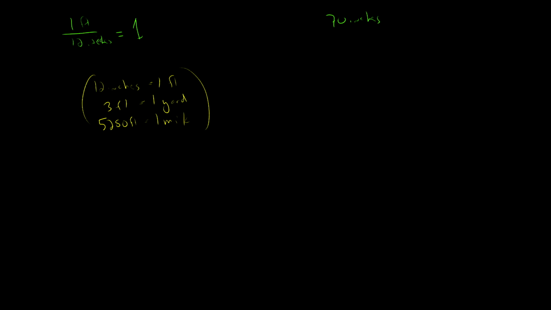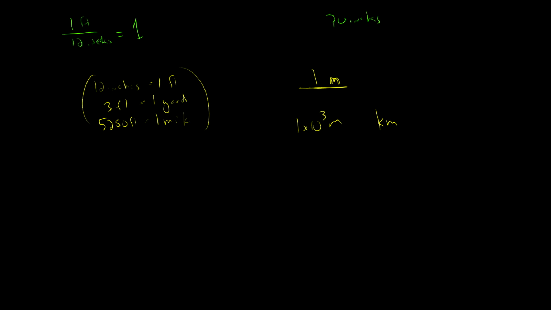Outside of the English system, we have the metric system, which uses 1 meter as its base. In the metric system, they put prefixes to multiply this by powers of 10, like scientific notation. So a kilometer is 1 times 10 to the 3rd meters.